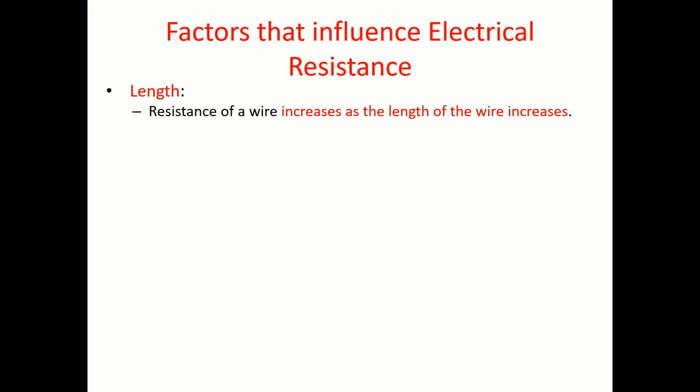Instead of moving parallel to the length of the wire in that horizontal direction, it interacts with that positive charge and gets turned, kind of like a comet going around a star or the moon going around the earth, right? It's going to have its path redirected because of that electrostatic attraction. The longer the wire is, the further the electron has to go, the more likely that is to happen.